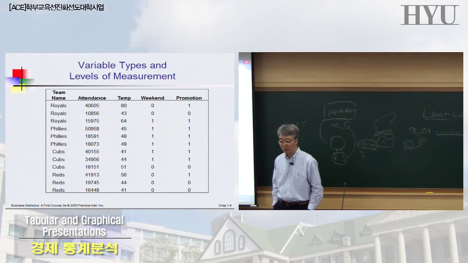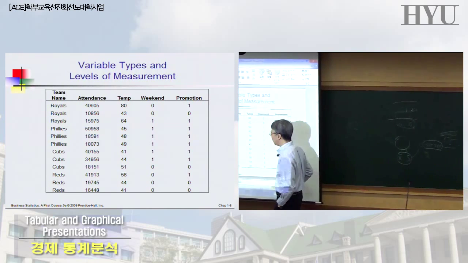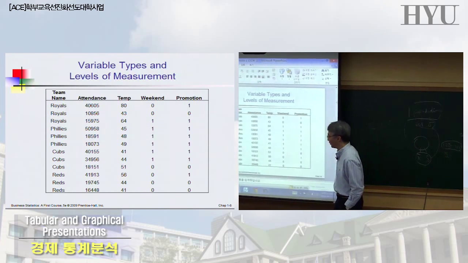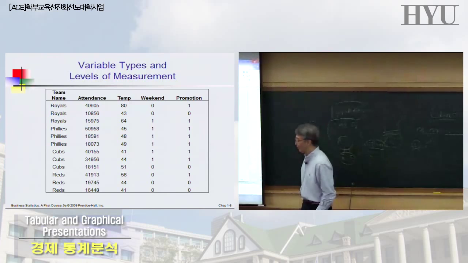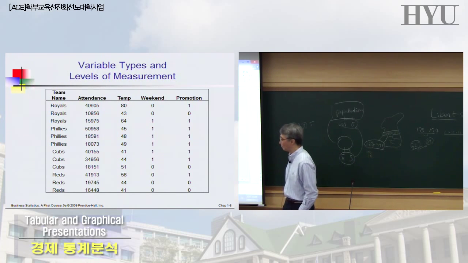But among these 4 teams, we don't have any particular order, and preferences or ranks change. So reasonably we can say that the team names are a categorical variable and nominal scale.